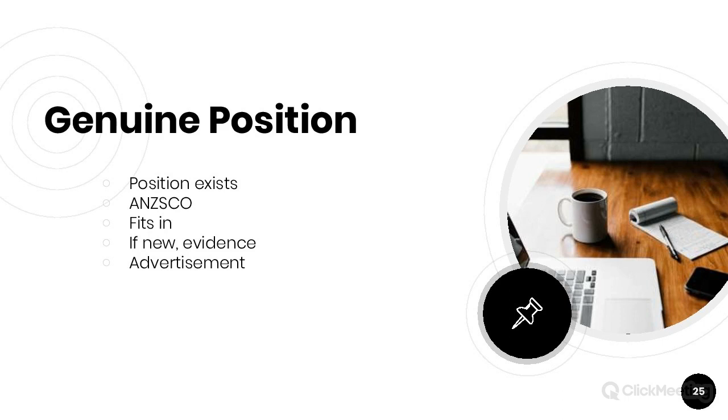The first area of approval will be genuine position. Okay, I think this requirement is really similar to the UK work type visa. They need to demonstrate that a position is actually existing. Which means they are not creating this position in order to secure someone from overseas.